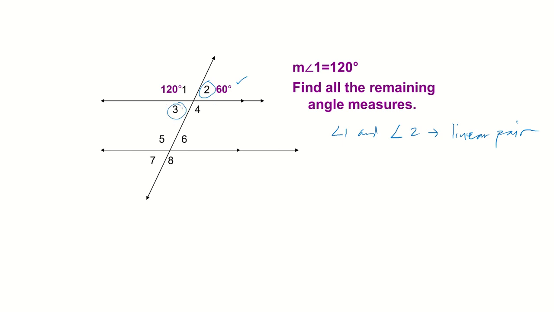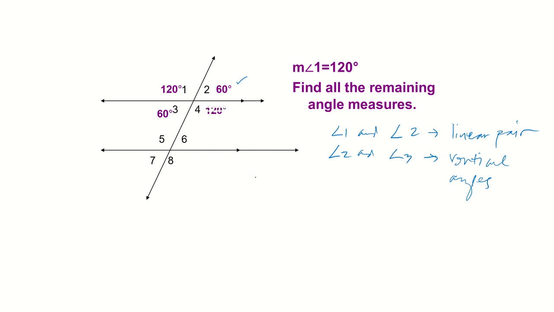How about angle 3? With angles 2 and 3, you can easily determine that these are vertical angles. We have discussed this before, vertical angles are always congruent. So if this is 60, angle 3 must also be 60.